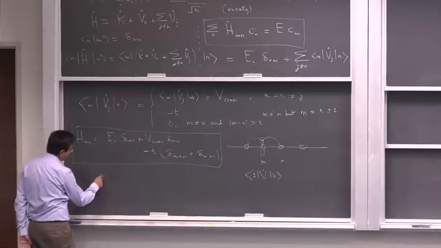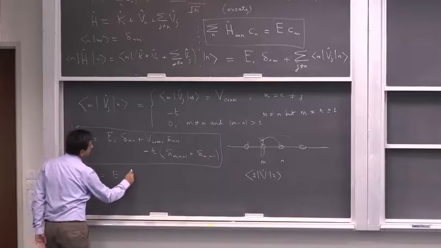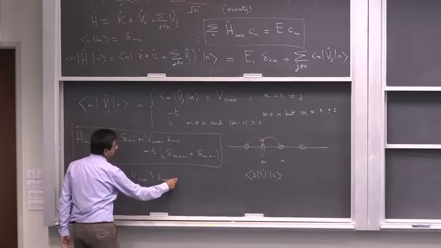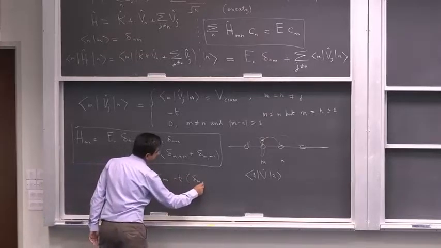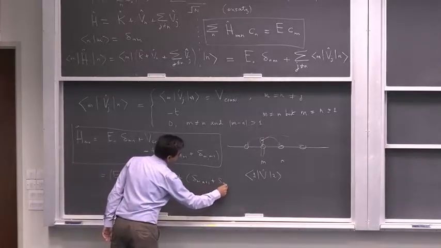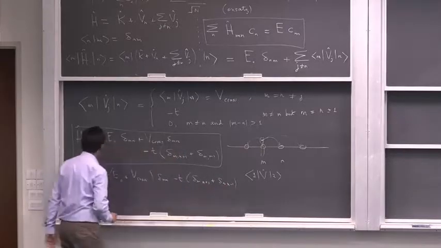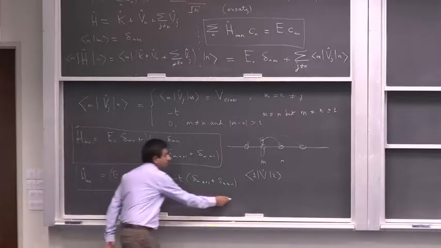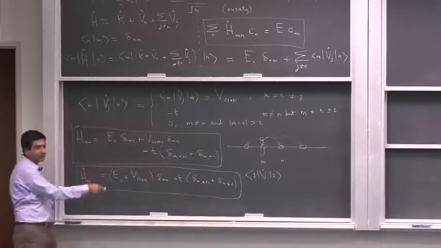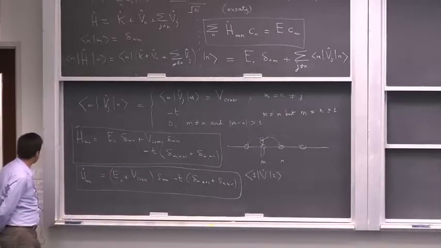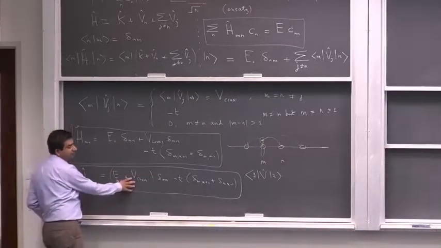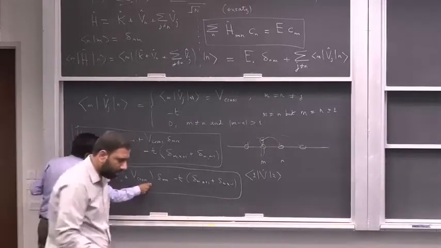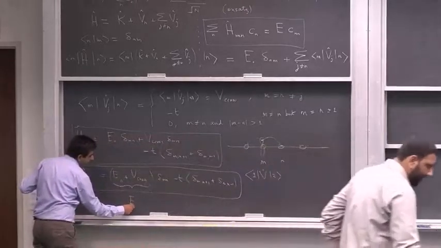I can also write this as E naught plus V cross delta mn minus t delta m,n plus 1 plus delta m,n minus 1. This is called the tight binding Hamiltonian for a chain. Now if you look at this Hamiltonian, this object is some constant. I can also call this constant E naught dash.